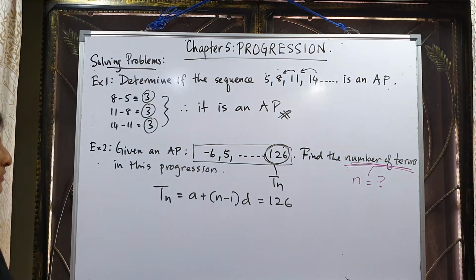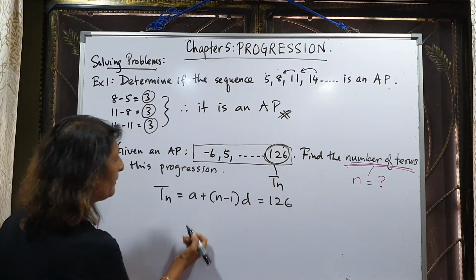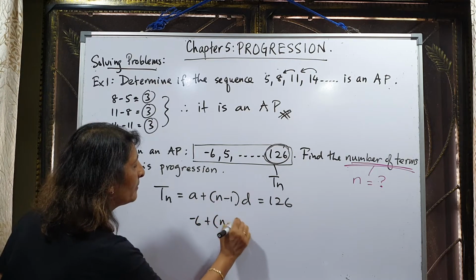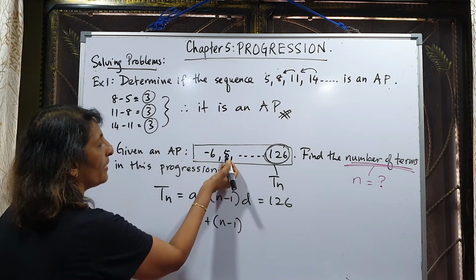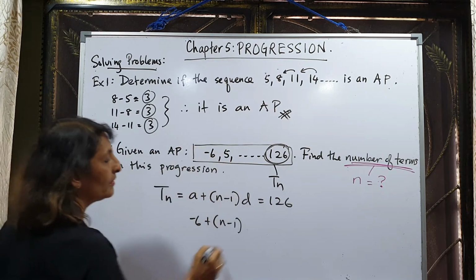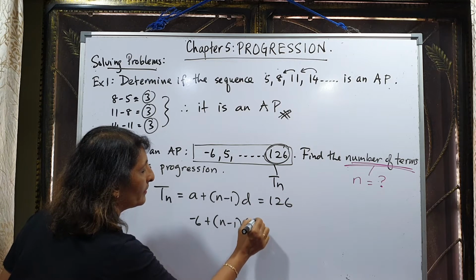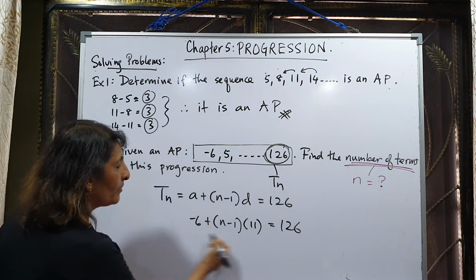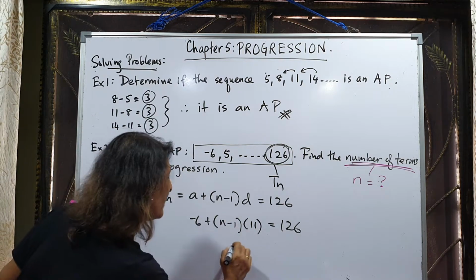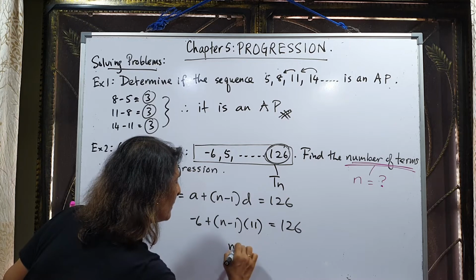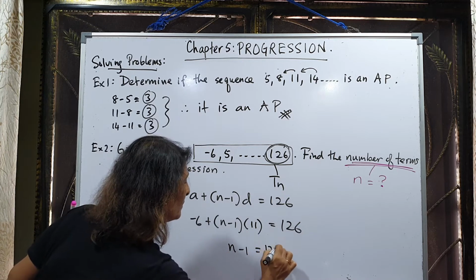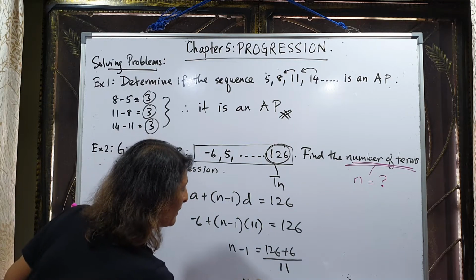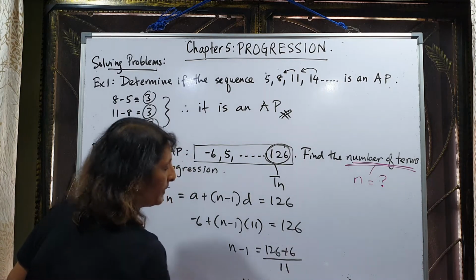Alright, now we substitute all that we know. You know a, yes, a is negative 6, plus you don't know n. What is d? 5 minus negative 6 becomes 11. Okay, equals 126.